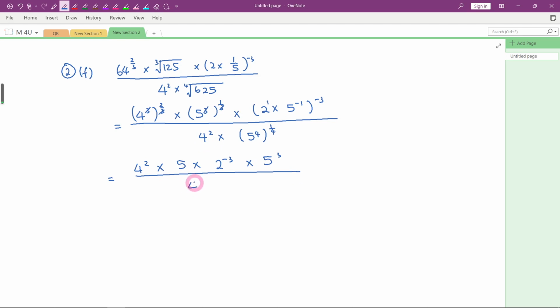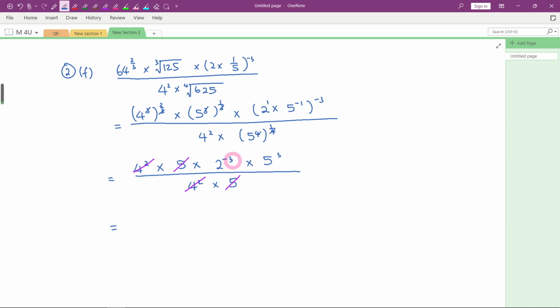Okay, so this 4 square times 5. Now, you see this 4 square, you can cancel them. 5, you can cancel them. Okay.